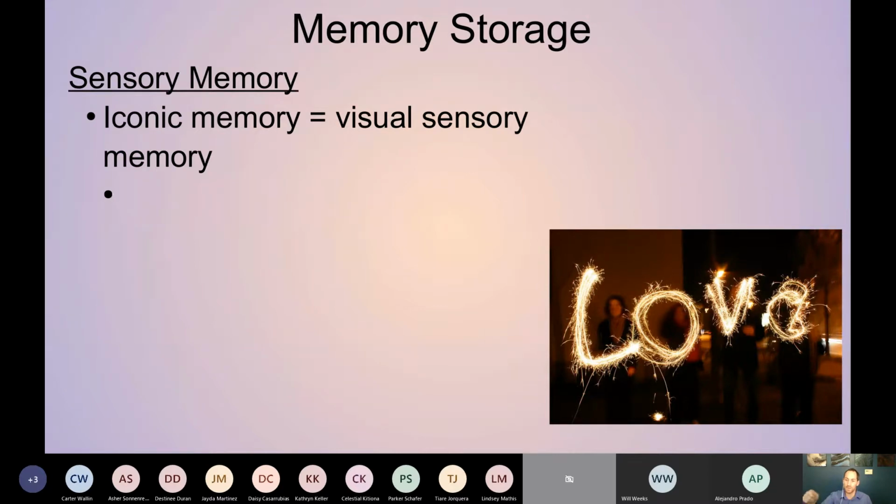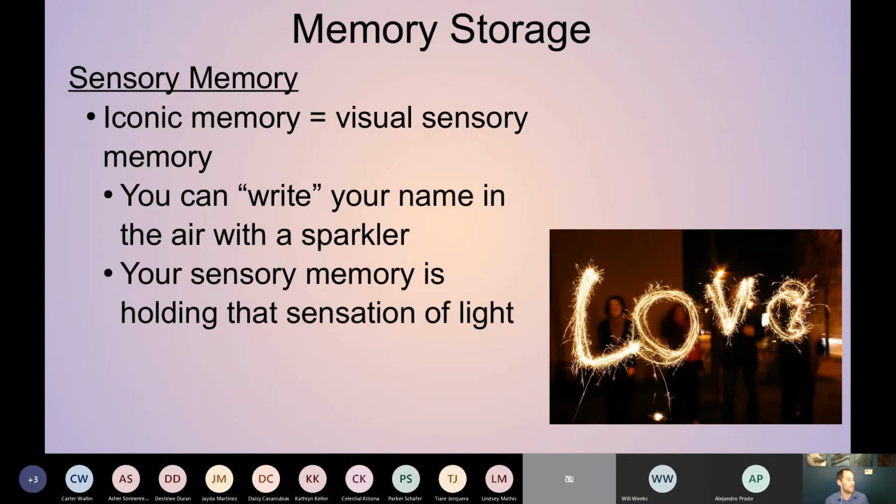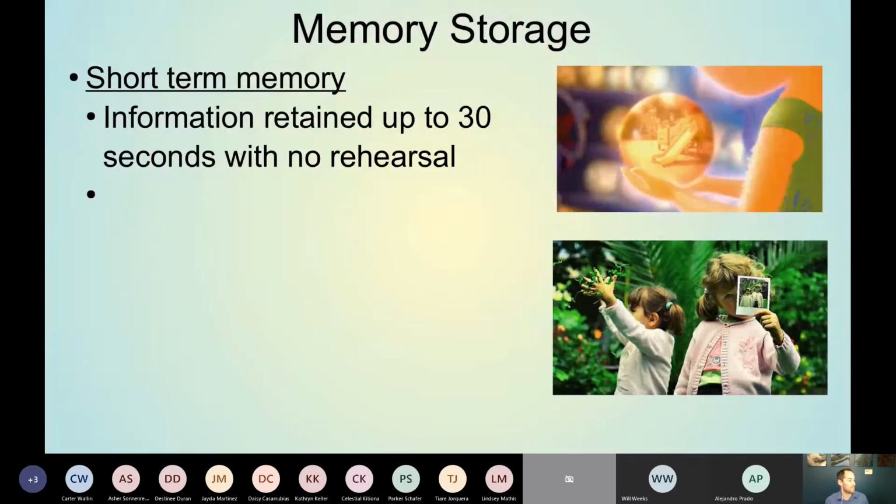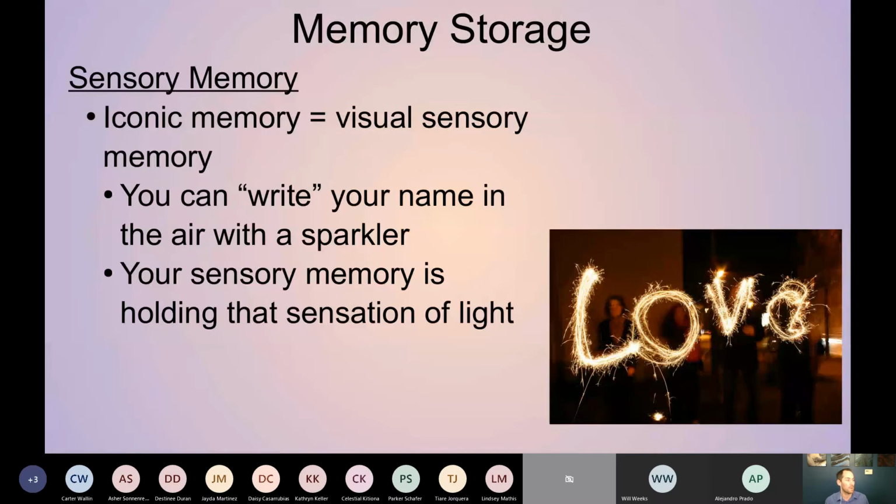So if you go a little too slow, you won't be able to see a whole word, maybe just a couple letters at a time, because the sensory memory only remembers a little bit of what you just experienced. So essentially your sensory memory is literally holding that sensation, those inputs of that light, and it's still holding that. In a way, you're kind of still seeing that, even though the actual glow of that sparkler is gone.